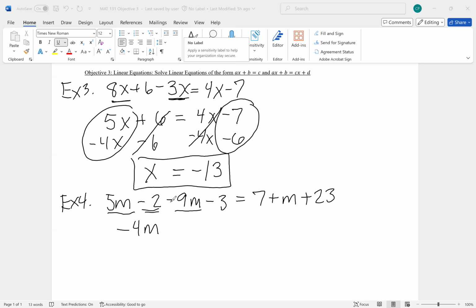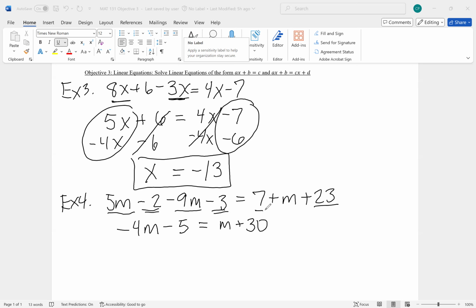The negative 2 and the negative 3, we can combine those like terms to get negative 5. We're going to bring down our equal sign, and on the right, we have 7 plus m plus 23. The 7 and the 23 are like terms, so we can combine that to get m plus 30, okay?